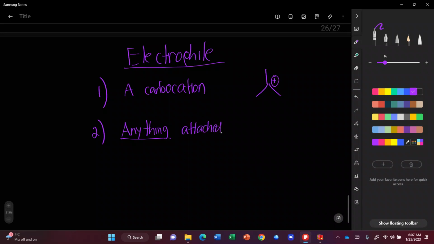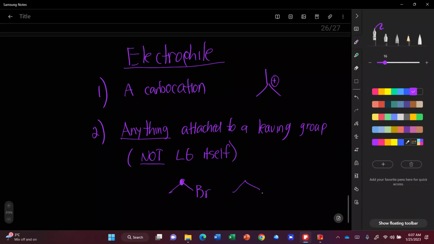attached to a leaving group. And hopefully you guys now realize that's why I did leaving group before I did electrophile. So anything attached to a leaving group is electrophilic. And this is very important: it's not the leaving group itself. Leaving groups are not electrophilic. It's the thing attached to the leaving group. So, for example, this carbon right here is electrophilic.